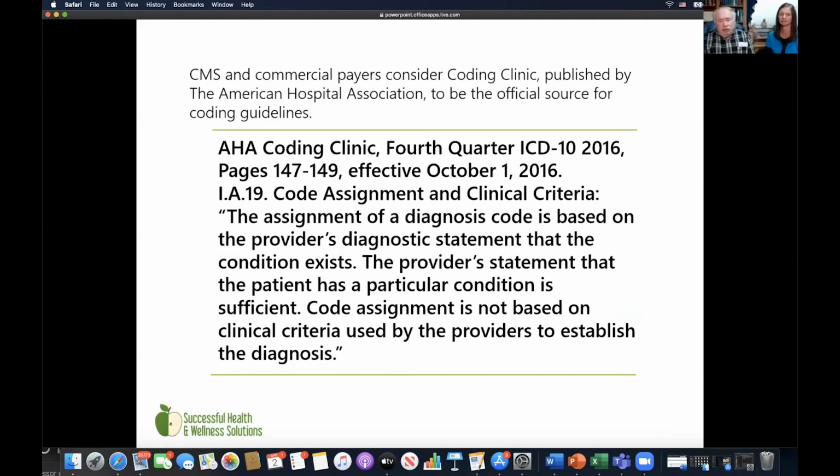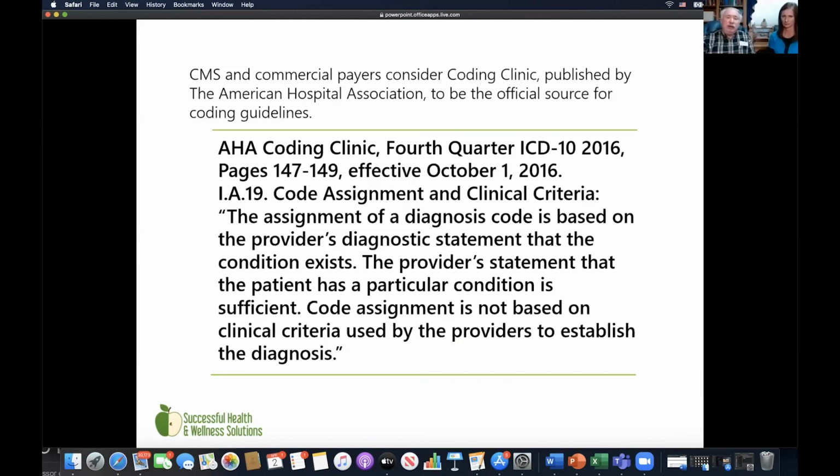So one emphasis that we would like to reach out to the physicians attending this webinar is knowing that CMS and commercial payers consider coding clinic, which is published by the American Hospital Association, to be the official source for coding guidelines.